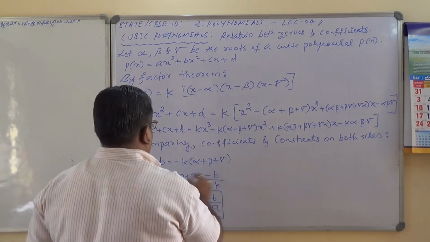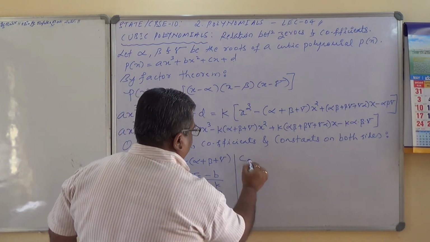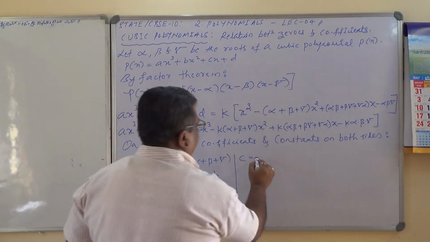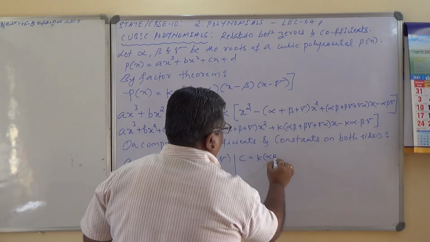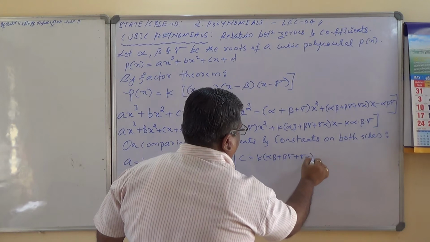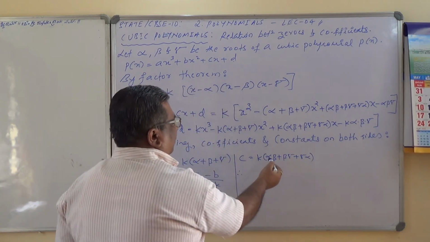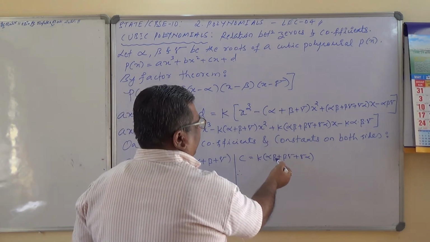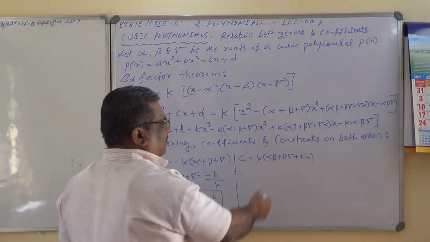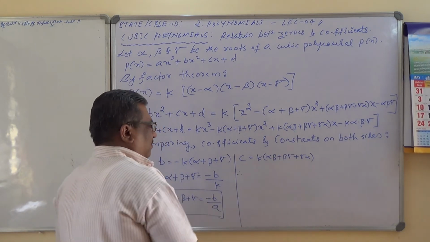C equals k times alpha beta plus beta gamma plus gamma alpha, and these are nothing but the sum of two roots taken together.